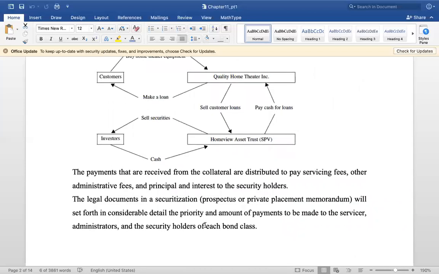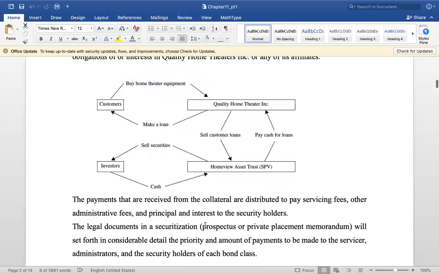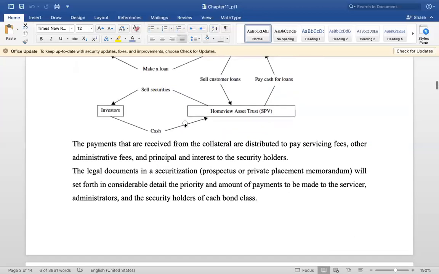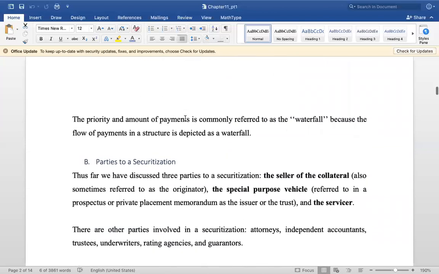The payments that are received from the collateral, the customers, by QHT are distributed to pay servicing fees, other administrative fees, and principal and interest to the security holders. The legal documents in a securitization will set out in considerable detail the priority and amount of payments to be made to the servicer, administrators, and the security holders of each class.